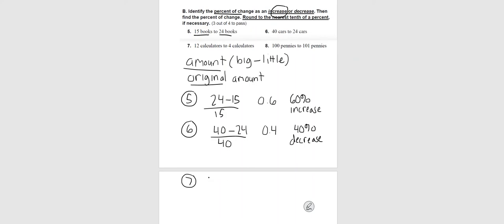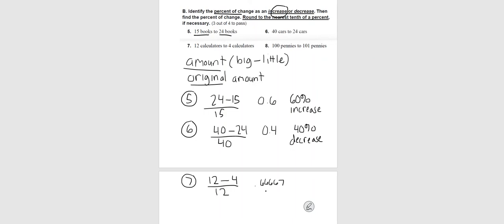Okay, number 7. On number 7, we went from 12 calculators to 4 calculators. So we would do 12 minus 4 divided by our original amount. So 12 minus 4 is 8. 8 divided by 12 gives us a decimal of 0.66666 repeating, and then it ends with a 7.